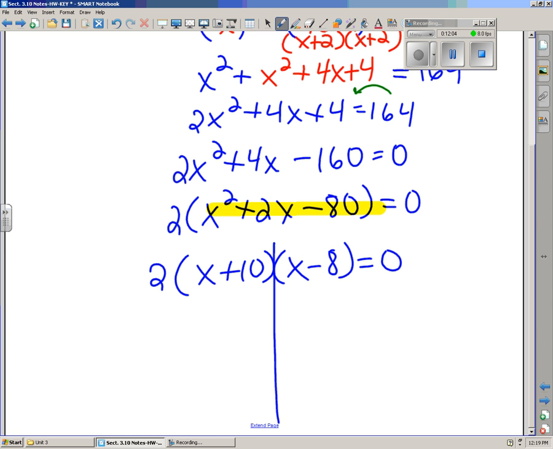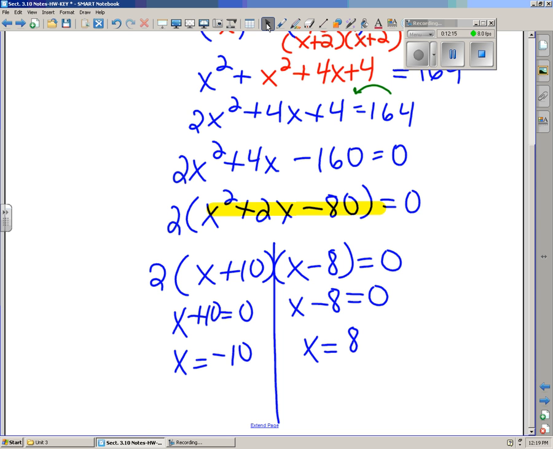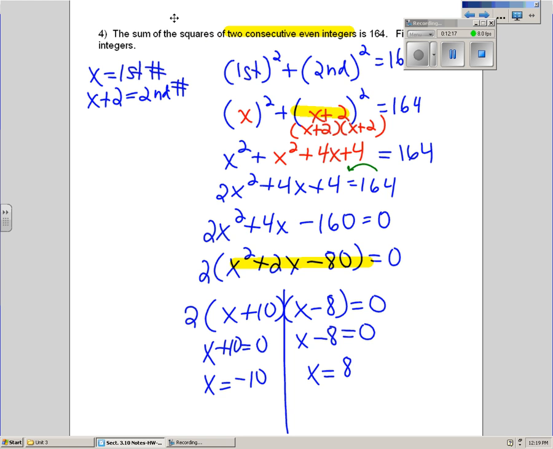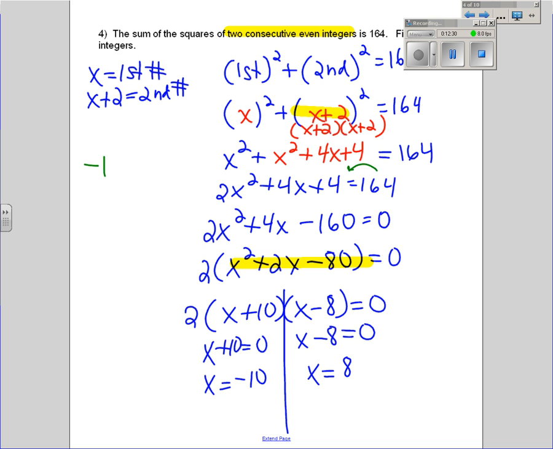When I solve for x out of this factor, x is negative 10. And when I solve for x out of this factor, x is 8. We've got a negative and a positive, but it's asking us to find the integers. So both of those answers are fine to keep. All right, we don't have to throw one out. Integers are both positive and negative. So one set of answers would be if I took x to be negative 10.